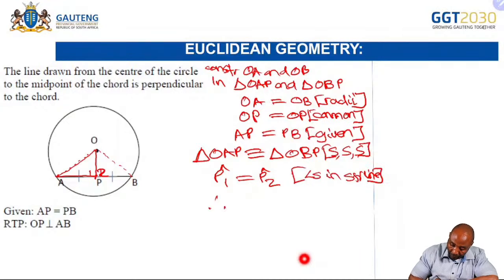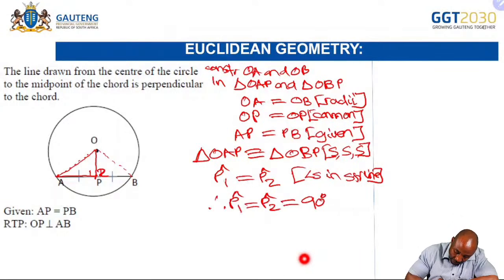Therefore, I know that the sum of angles in a straight line is 180 degrees. Therefore, I can now prove that P1 is equal to P2 equal to 90 degrees, because if I add P1 and P2, they must give me 180.